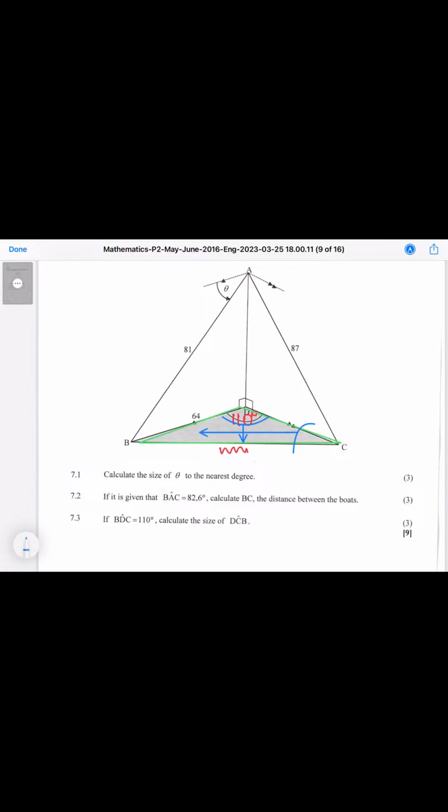I think it's an obvious case that you will use the sine rule, because it is the angle that you are looking for over the known side, which is 64, equals sine of the known angle over the known side, which you have calculated. That's how you're going to calculate that angle in that triangle. Very, very important, ladies and gentlemen.